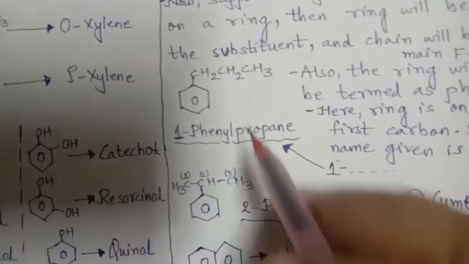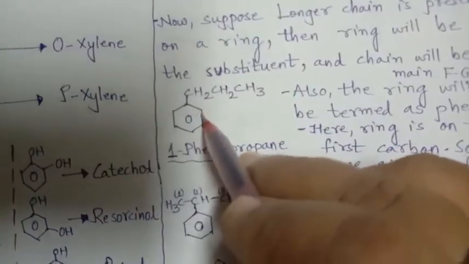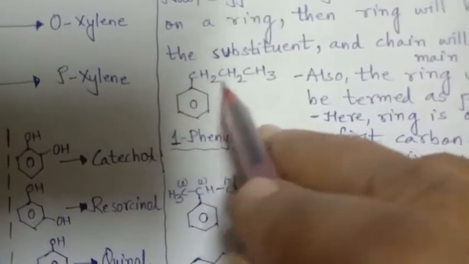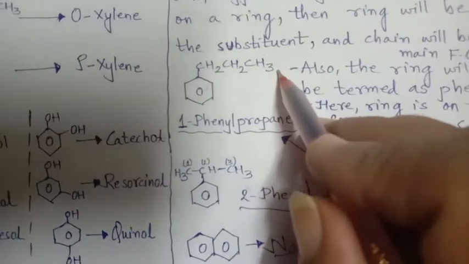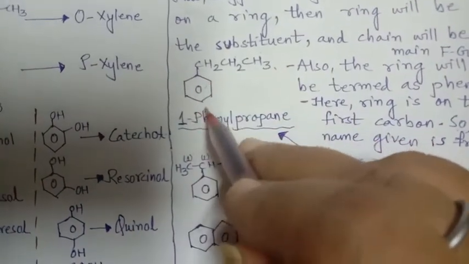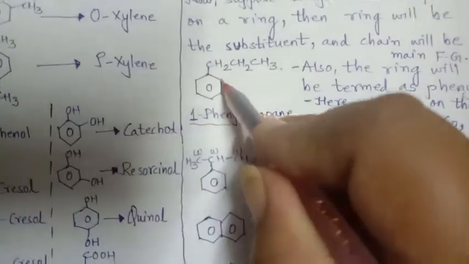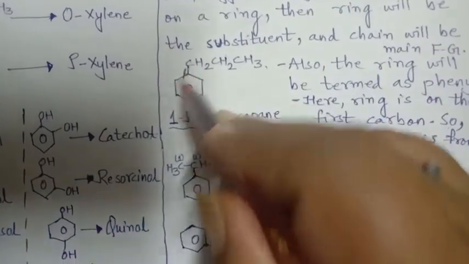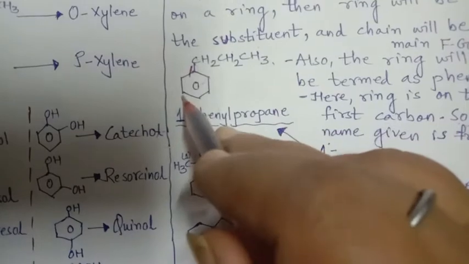See here, this is the benzene ring and here the attachment is CH2, CH2, CH3. So this longer chain will be considered as the main chain and the ring will take the position of the substituent group. So now this is our first carbon. 1, 2, 3, 4, 5, 6.